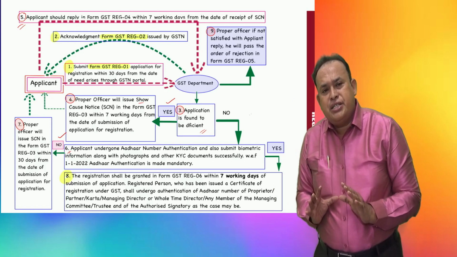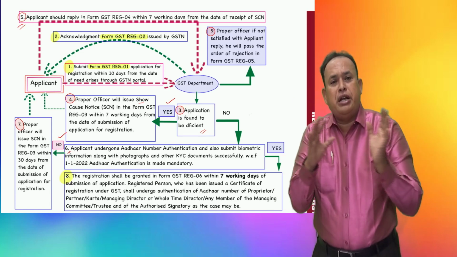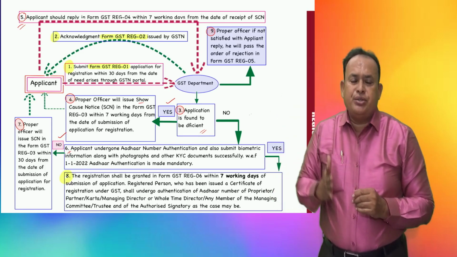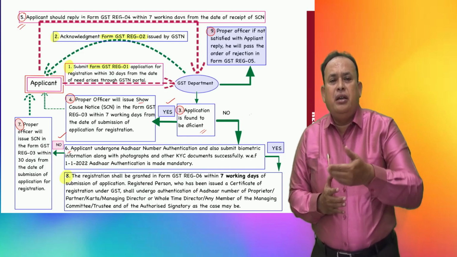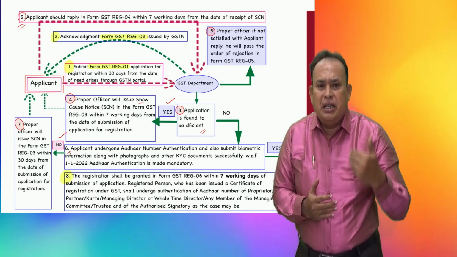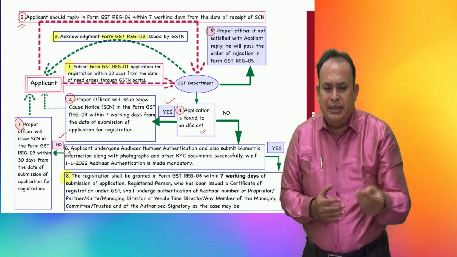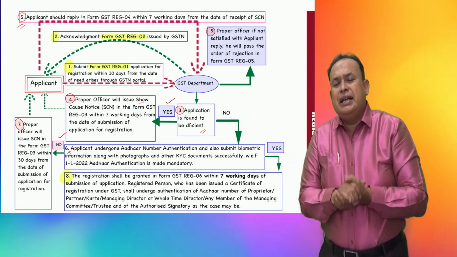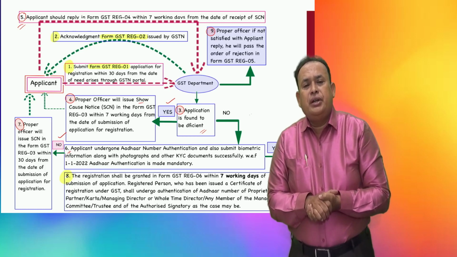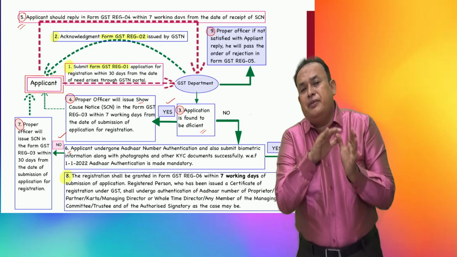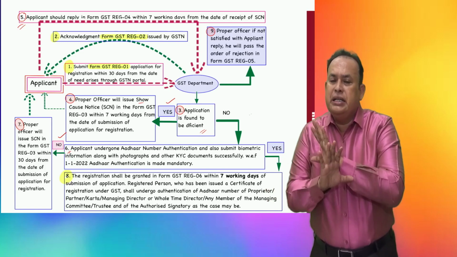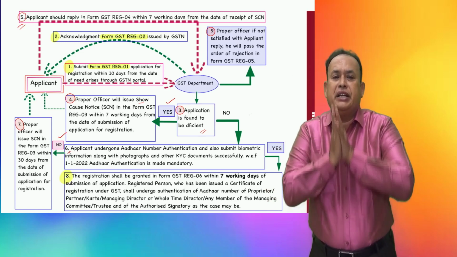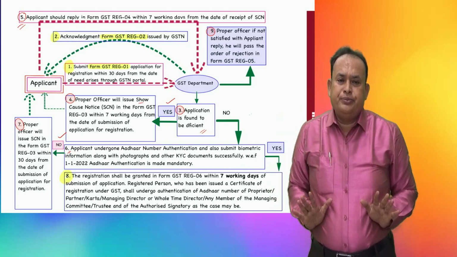In that case, a show cause notice is issued by the department within 30 days from the date of application for the want of submission of Aadhaar enrollment slip and this. In that case, physical verification of the premises of the applicant is not there. Physical verification has been eliminated now.